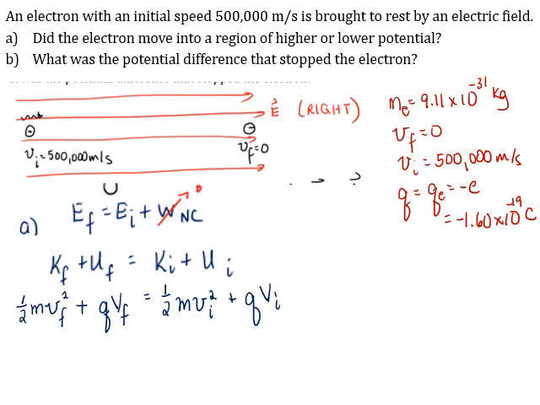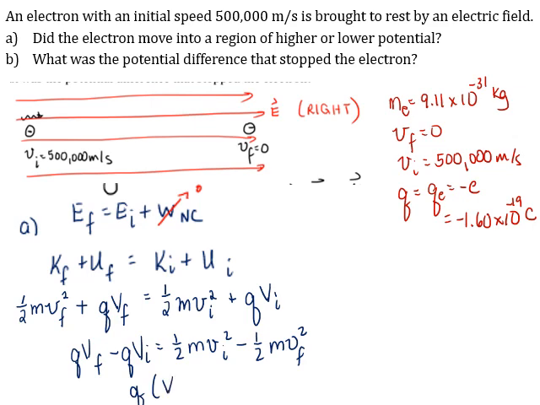Since we're trying to find delta V, let's get our V's on one side, everything else on the other side. So Q times V f minus Q times V i equals 1/2 times m times v i squared, take away 1/2 times m times v f squared. We'll take our Q outside on the left-hand side.